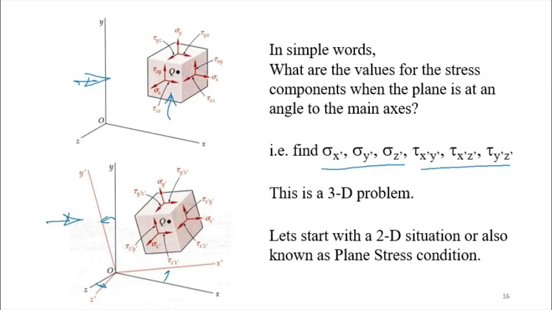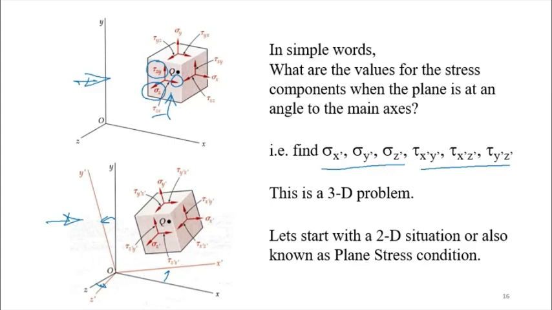Therefore, sigma z will become 0. Tau zy will become 0. And tau zx will become 0 as well.